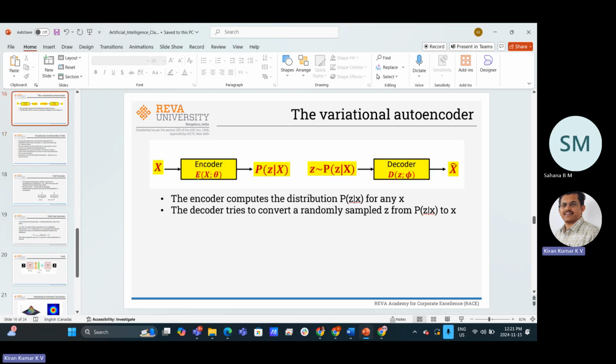So as I said before, you can see here, theta is the parameter with respect to encoder and phi is the parameter with respect to decoder. So both have to be varied in such a way that you get minimum error. Okay, the loss should be minimum. This happens while fitting, dot fit in your code.